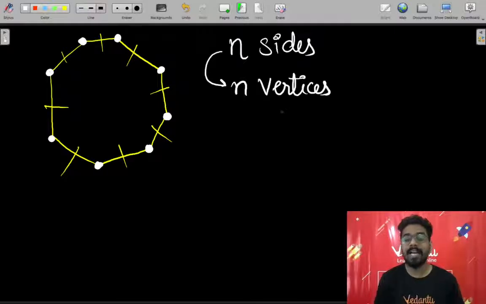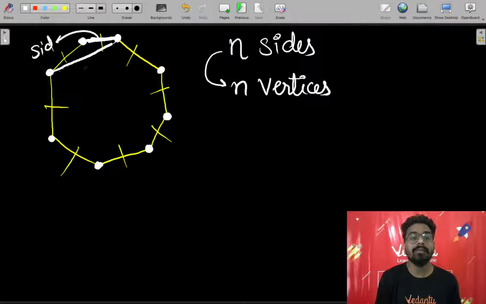Now point is why we are counting the number of vertices. हम vertices count ही क्यों कर रहे हैं? The reason behind it: if we connect 2 points, it will create a line. But I'm not sure whether it's a diagonal or not, because this is also a line and this is also a line. But this one is the side and this one is the diagonal. So to draw a line, I need 2 points.